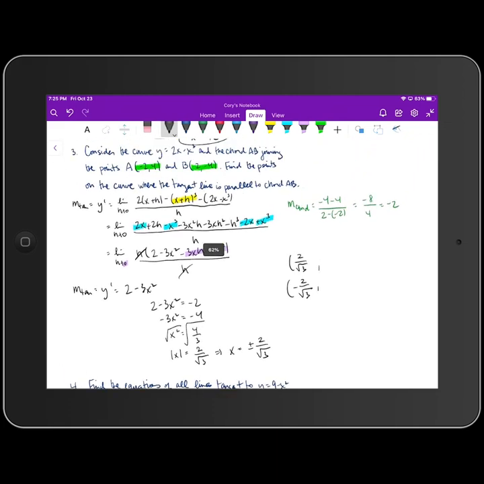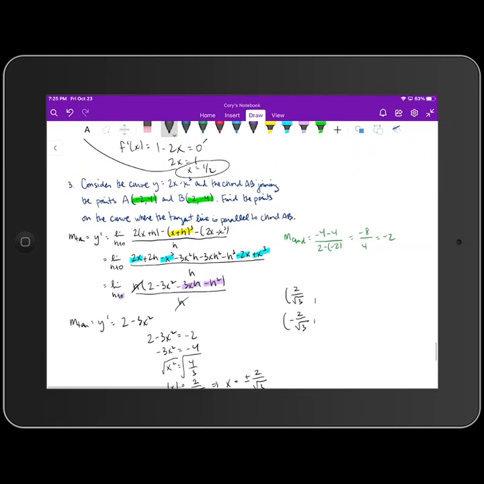And then we have to plug that into this function here to get the y coordinates of both of those points. Okay, so when x is positive 2 over rad 3, we get 2 times 2 over rad 3 minus 2 over rad 3 cubed, which is 4 over rad 3 minus 8 over 3 rad 3.